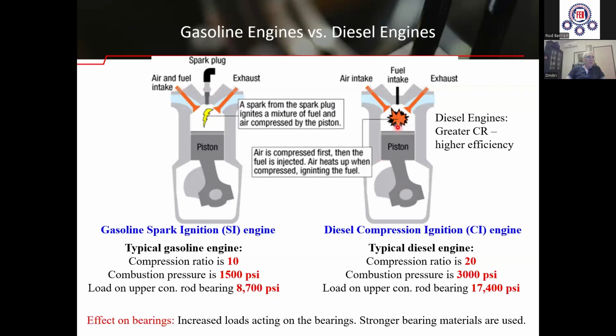The combustion pressure is transmitted by the piston and the connecting rod to the bearing. In addition, most modern diesel engines are turbo aspirated, which also increases the load acting on the bearings.